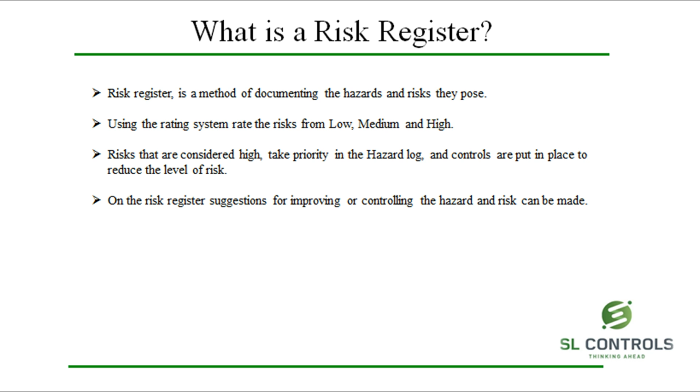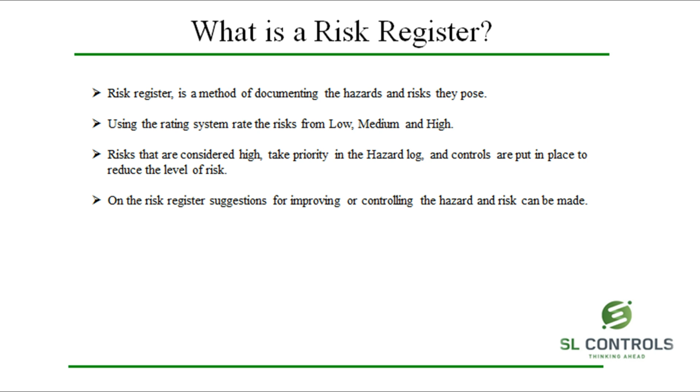Once you've completed the risk assessment, any potential hazards identified in the risk assessment which needs a control in place must be logged on the risk register. The risk register is an Excel database which documents the hazards and the risks it poses to employees. Using the score from the risk matrix on your risk assessment, the risks are rated either low, medium or high.